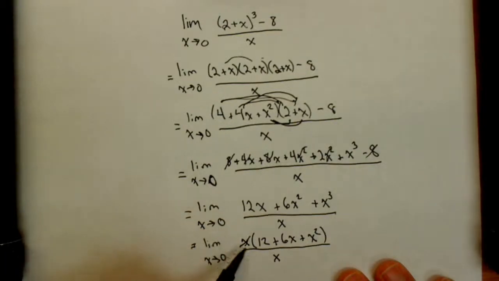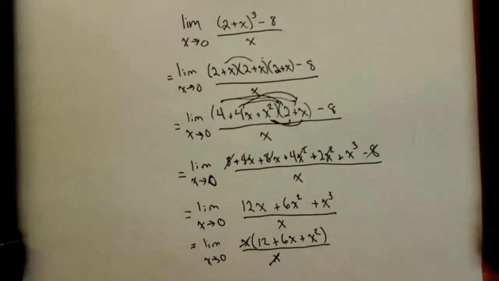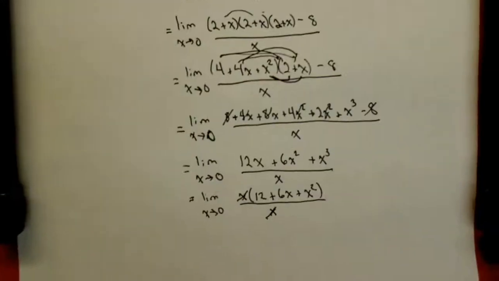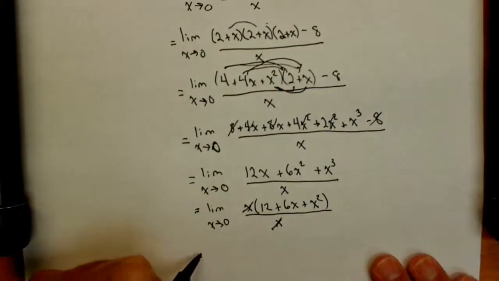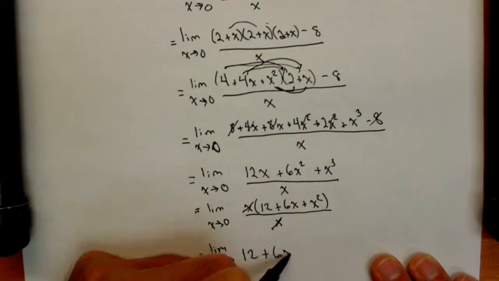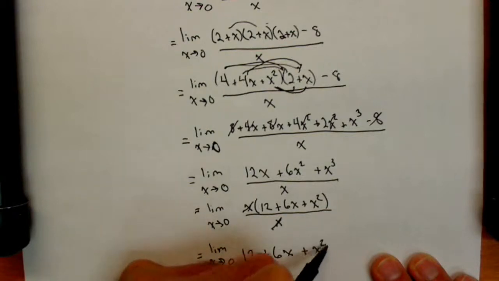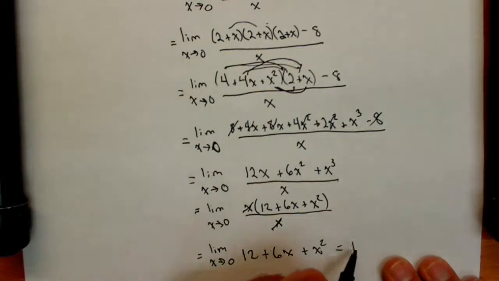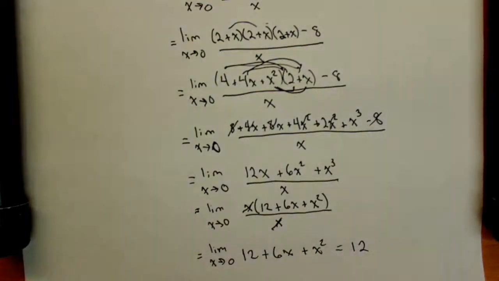That's going to allow these x's to cancel. So now, our last step in calculating our limit is going to be, we have the limit as x goes to 0 of 12 plus 6x plus x squared. And plugging 0 in for our x's, that zeroes out, and we get 12, which confirms what we saw numerically.